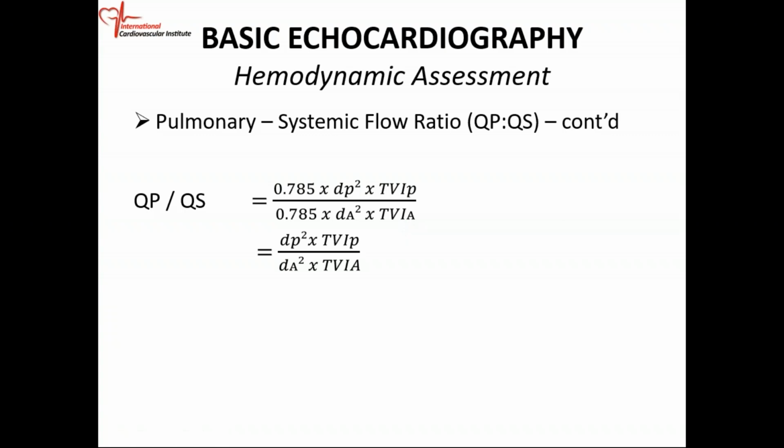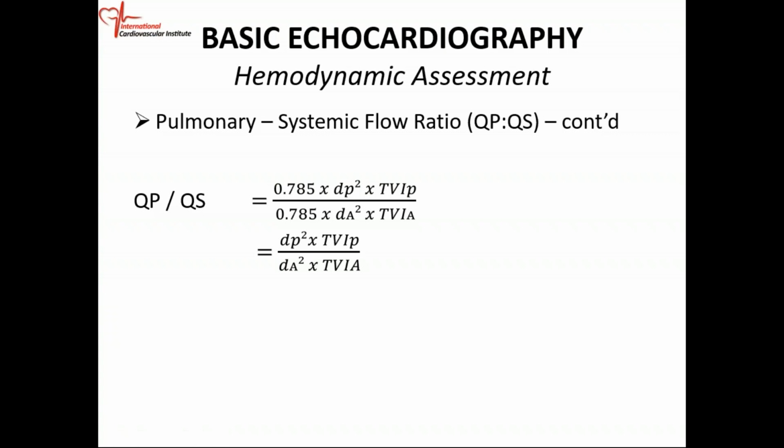This magnitude will tell you how much shunting you have going on. The pulmonary flow and the systemic flow are usually roughly the same, so the ratio should be 1-to-1.